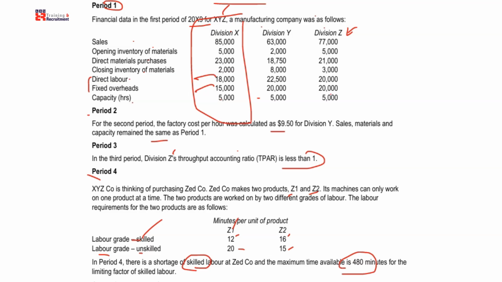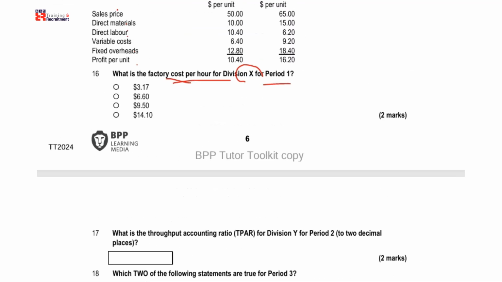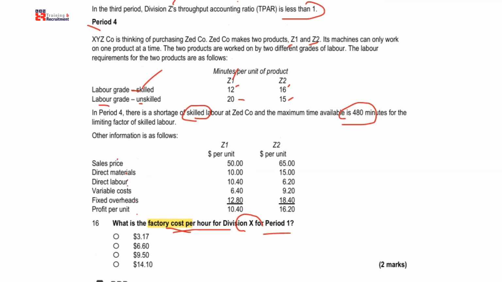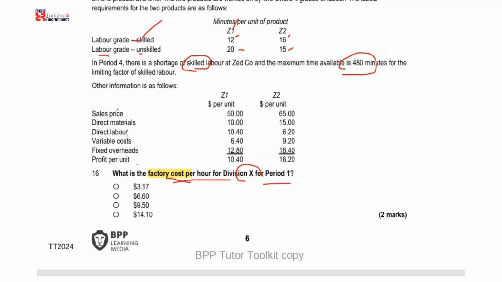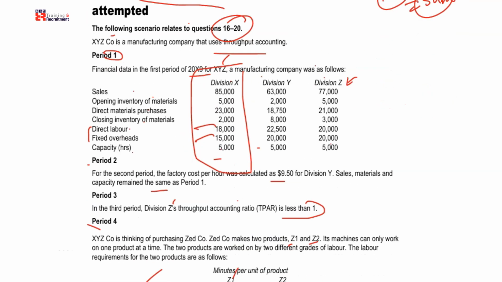That's your total cost divided by the number of hours. Factory cost. Only material cost is part of variable cost, the rest is factory cost. So factory costs are these two.